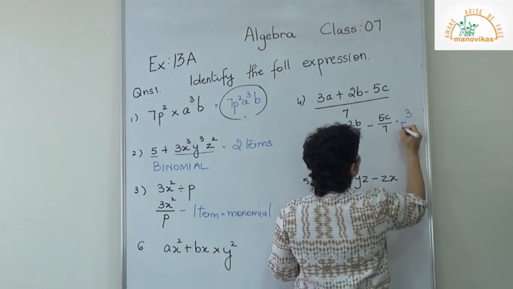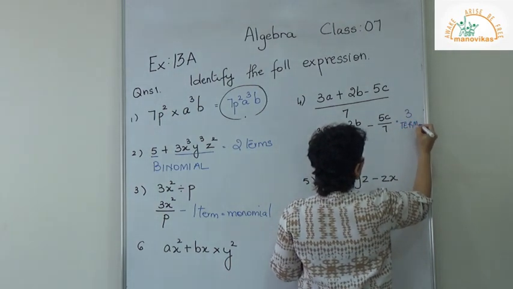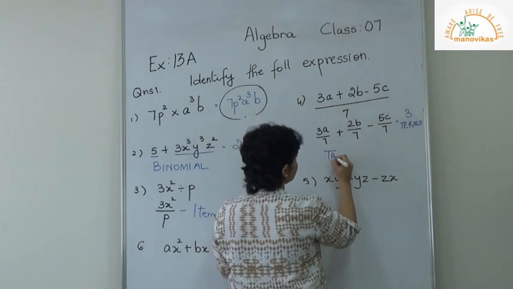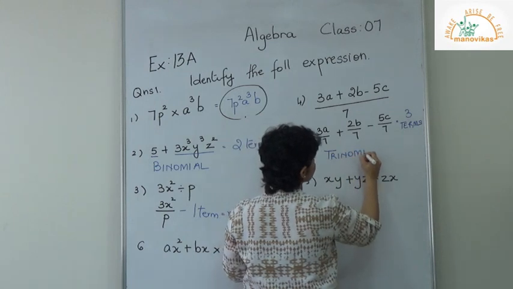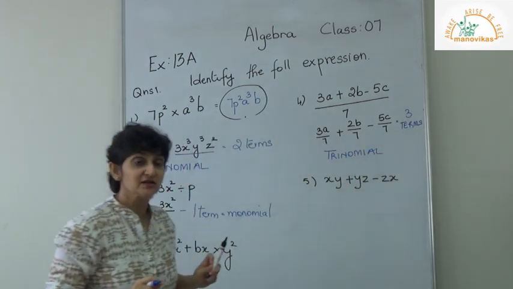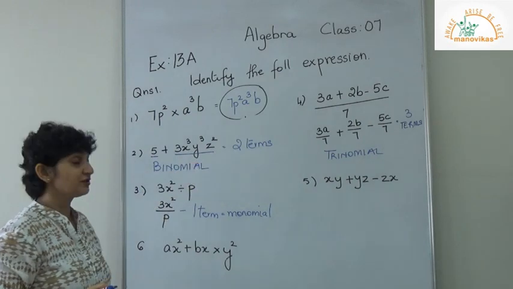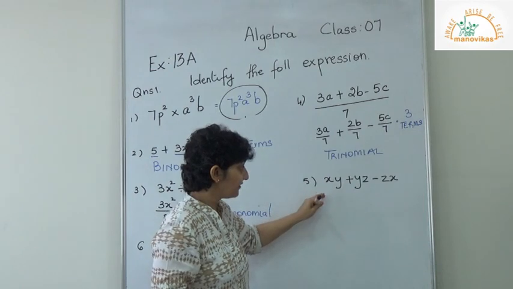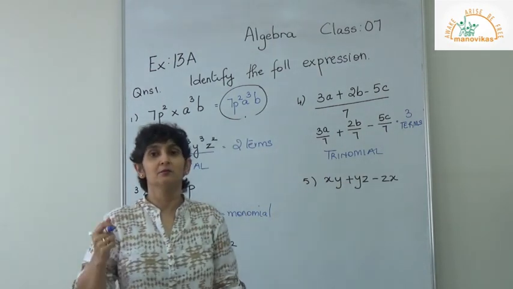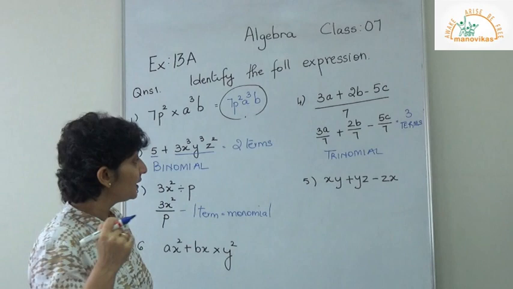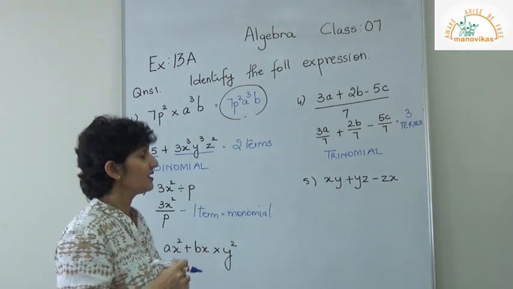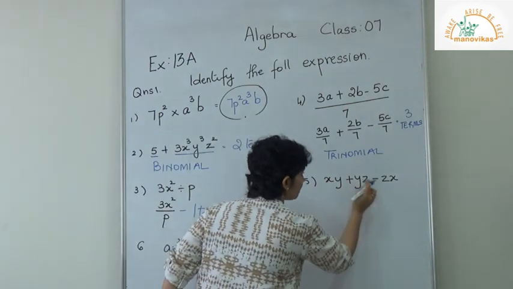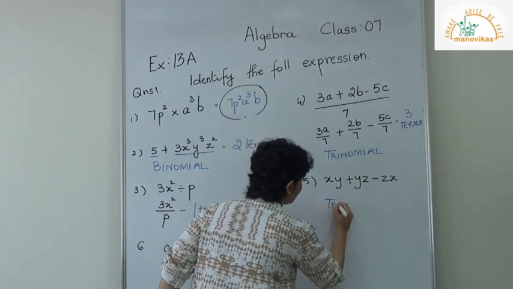There are 3 terms. So, what is this? This is a trinomial. Have you all understood? Now, let's move on to the fifth one. This I don't need to say. It's very clear. I have xy plus yz minus zx. I'm sure you have guessed by now. What is it? This is a trinomial because it is separated with plus and minus.